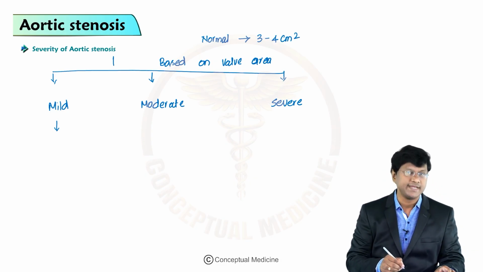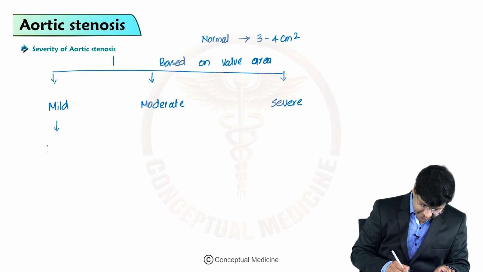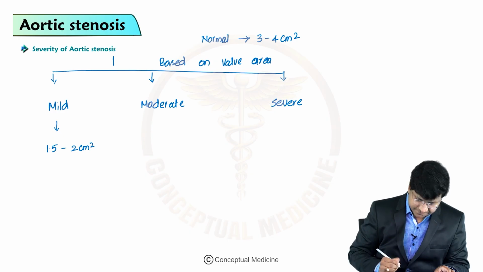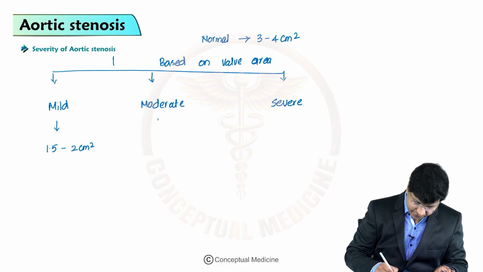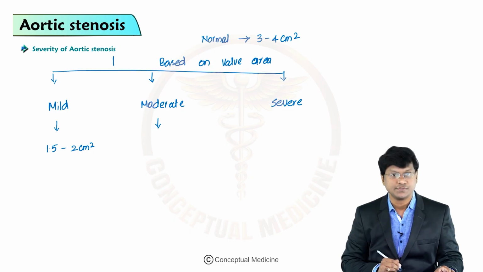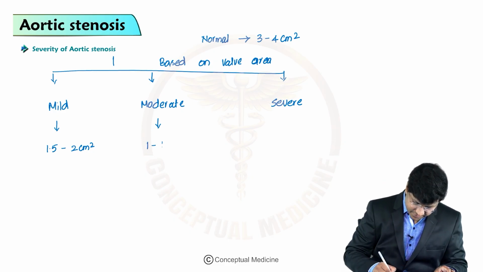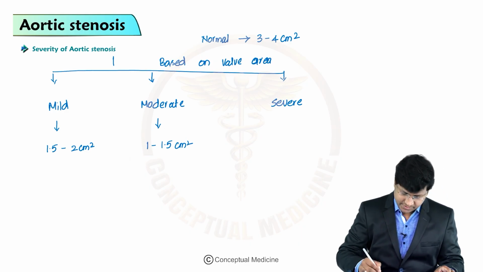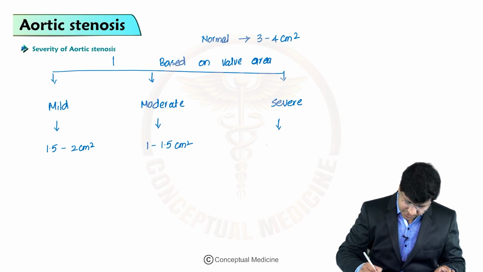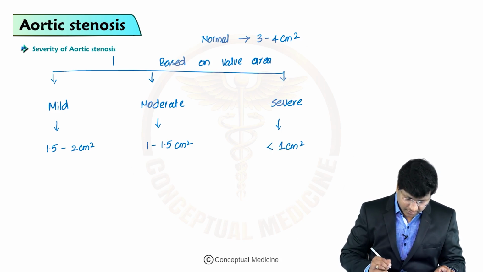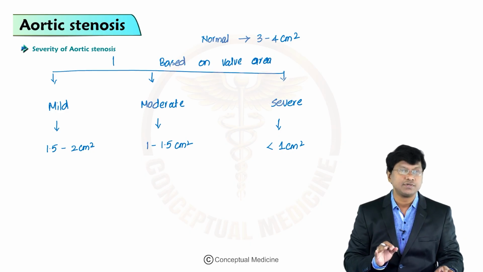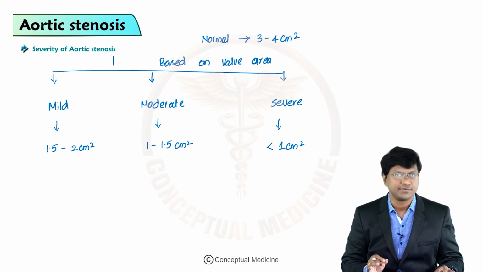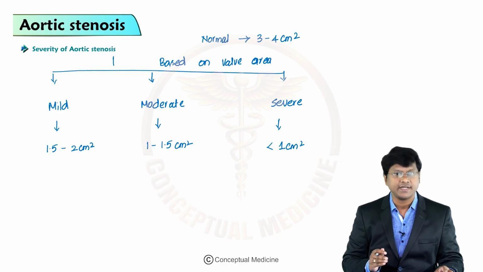In mild aortic stenosis, the valve area will be between 1.5 to 2 centimeter square, in moderate aortic stenosis it is between 1 to 1.5 centimeter square, whereas in severe aortic stenosis the valve area will be less than 1 centimeter square. This is how we assess the severity of aortic stenosis.